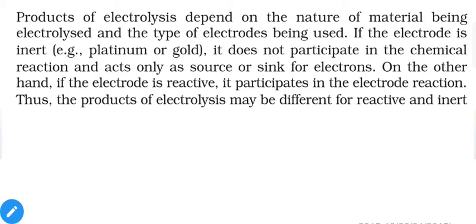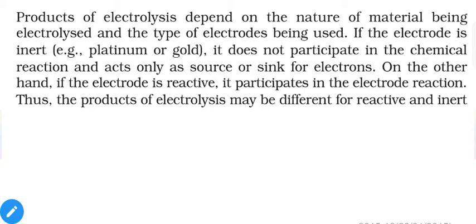Ions will lose electrons, and the lost electrons will be absorbed by the anode, and it will transfer the electrons towards the cathode. So as an anode, inert metals behave as a sink, and as a cathode, inert electrodes behave as a source.